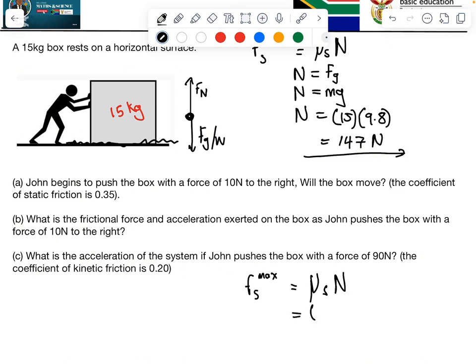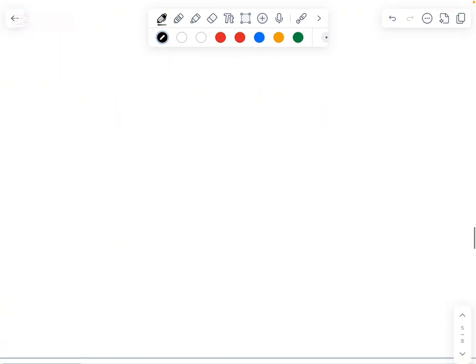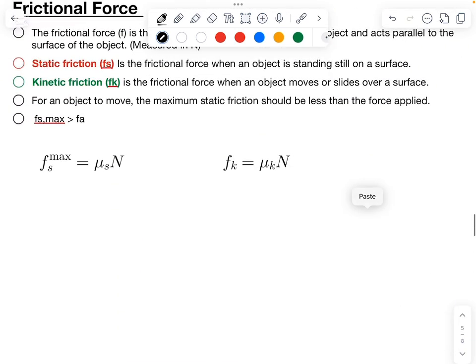We have the coefficient of static friction, which is 0.35, multiplied by our normal force, which is 147. So the maximum static frictional force is 51.45 newtons.